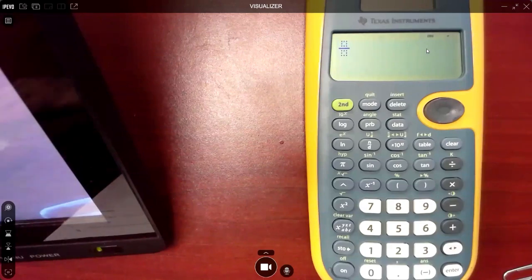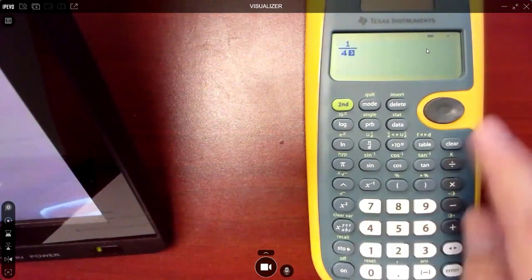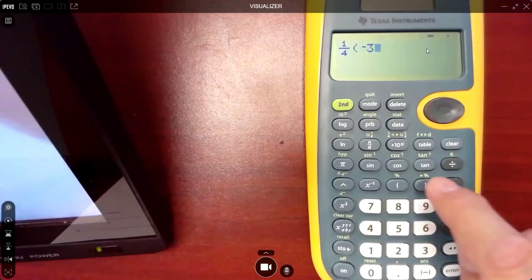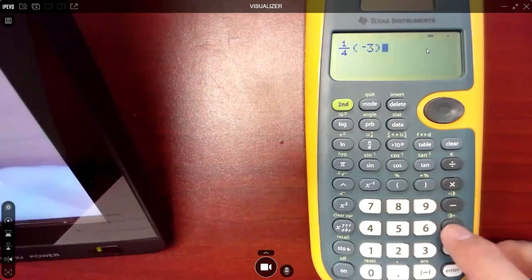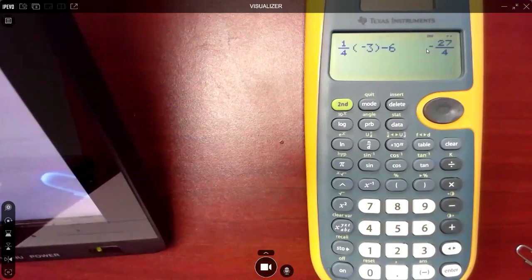Is it 1/4? Yes. 1/4, and then what were we plugging in? Is it -3? Yes, -3. And then plus what? Oh, -6? Yes. Oh, there you go. That took all but 2 seconds.